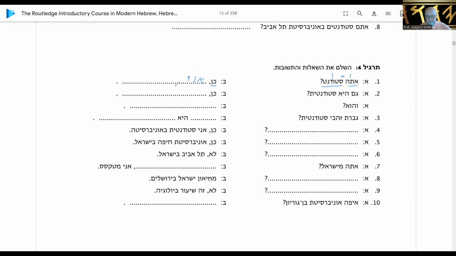ani, I am a, we could put the student in there. In this case, you don't see the dot, but actually it's a shuruk. That's how we get the oo sound here. Dalet, nun.